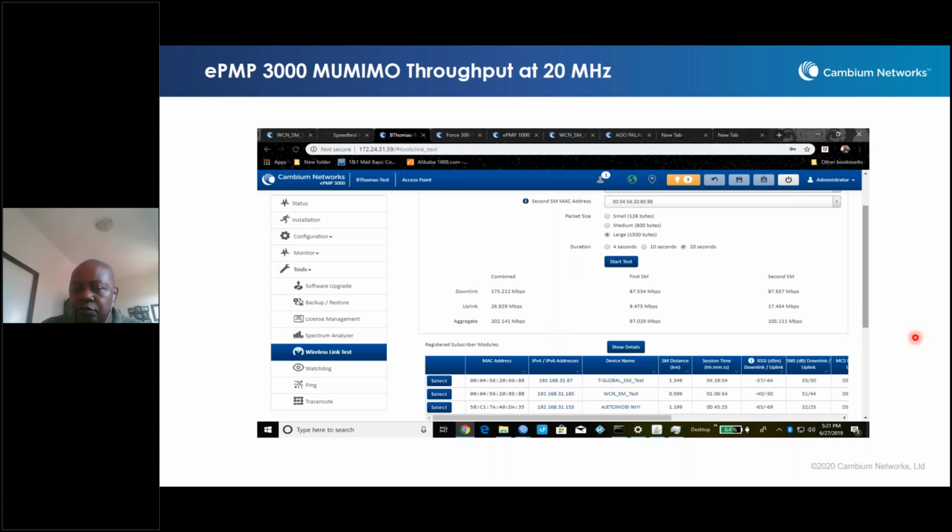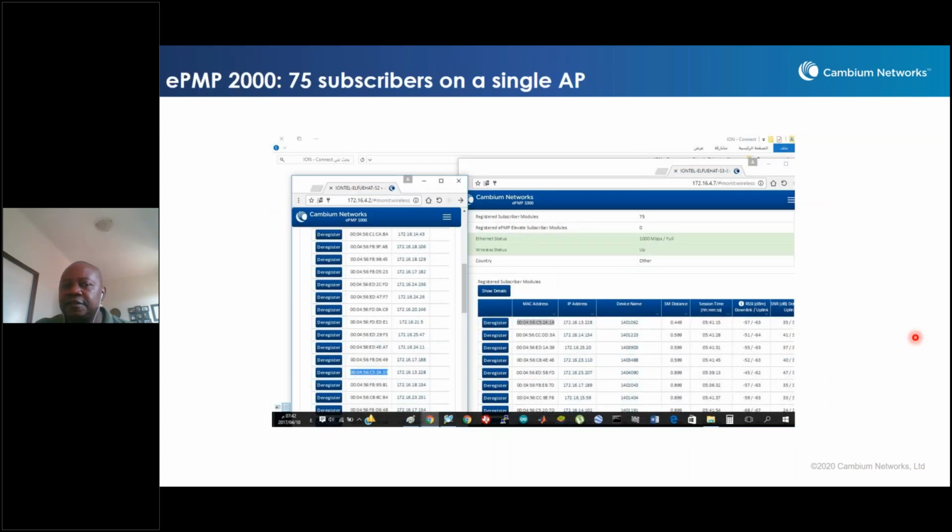This is a network in Libya called IonTel. And why are we sharing this? You see our specs, and you can ask those people who have worked with Cambium for some time now, those specs that we put there are field specs.